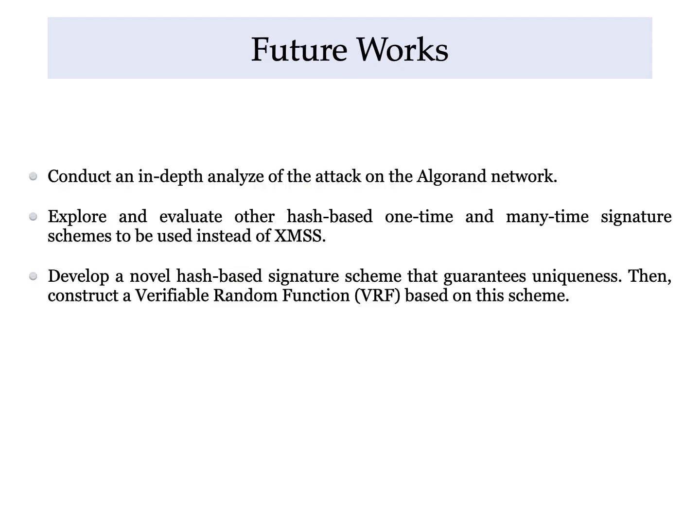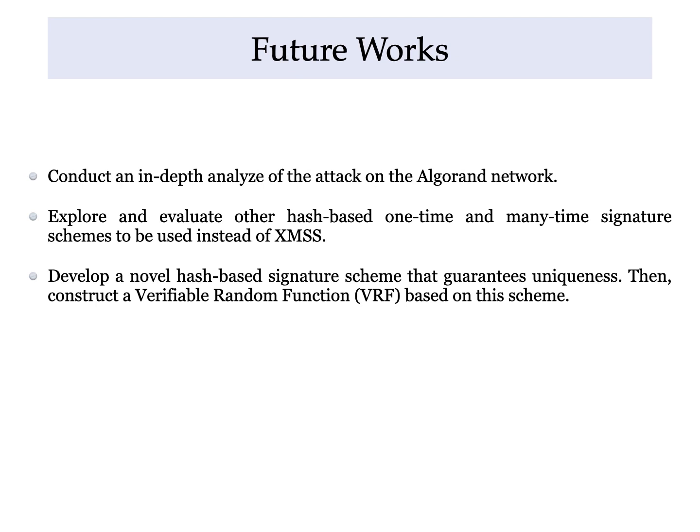And finally, for future work, we are going to conduct an in-depth analysis of the attack that we propose on the Algorand network. Our attack doubles the chance of the adversary to be part of the next committee, but it needs more analysis to see the effect of this on the Algorand blockchain.